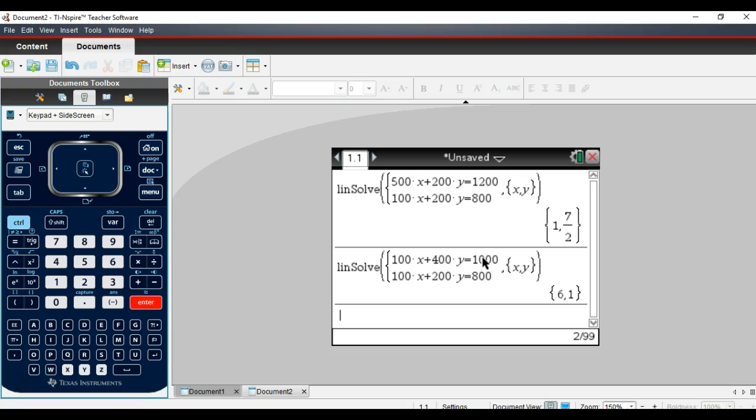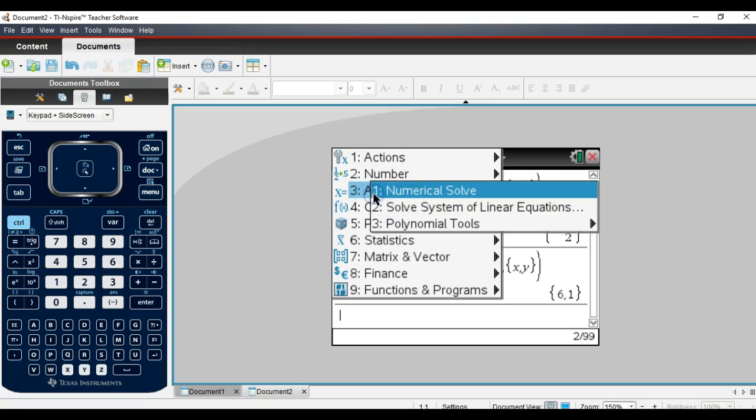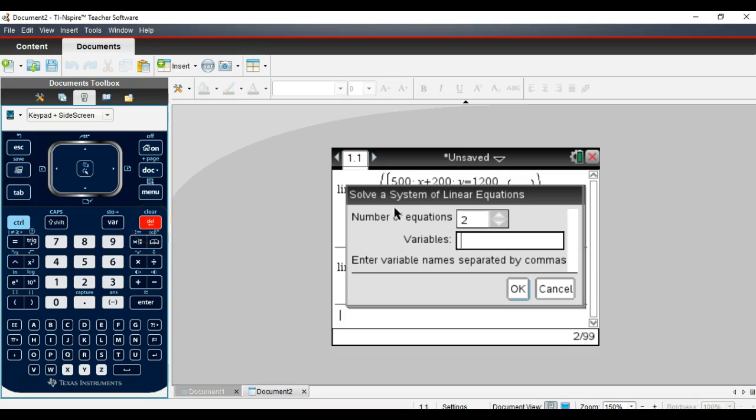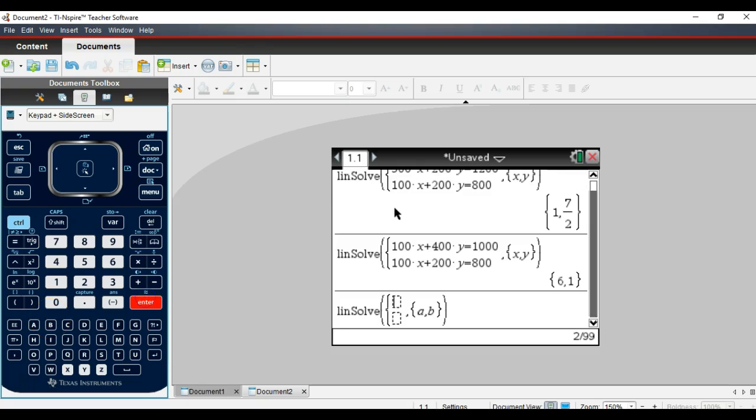So if I go to my calculator, menu, algebra, solve system, 2 variables, 2 equations. My variables are what? A, comma, B, okay.